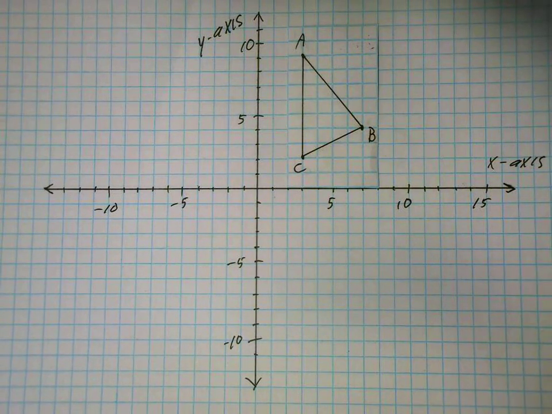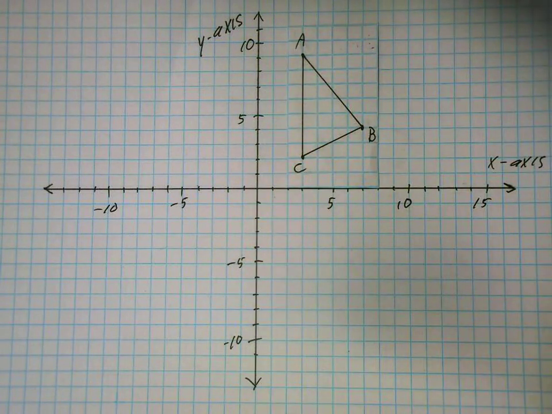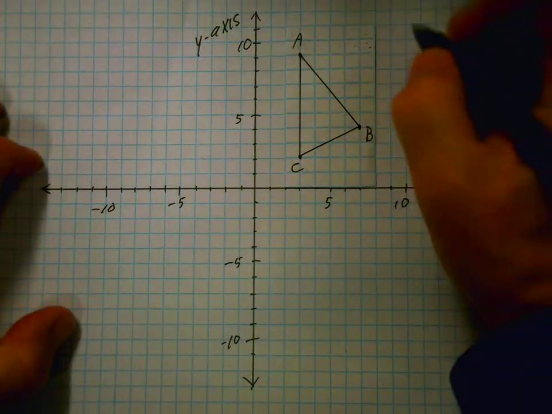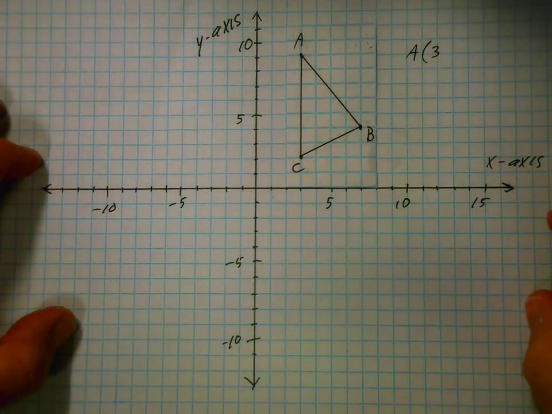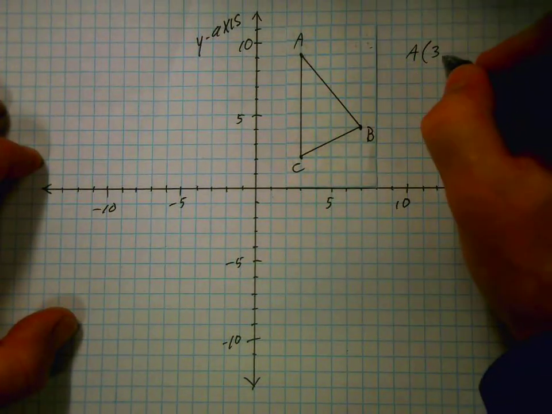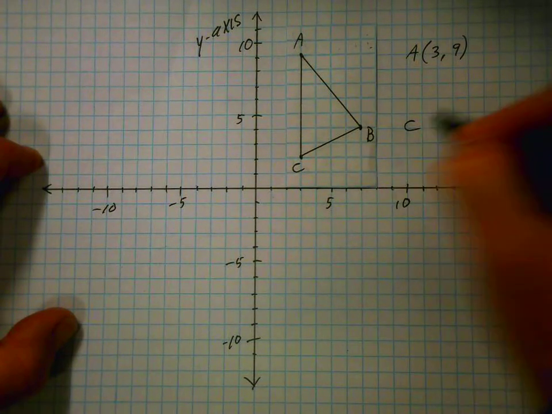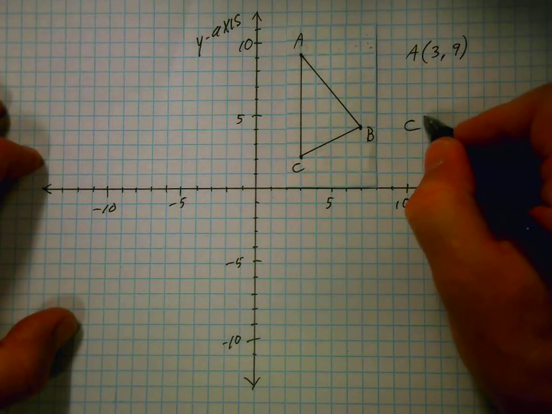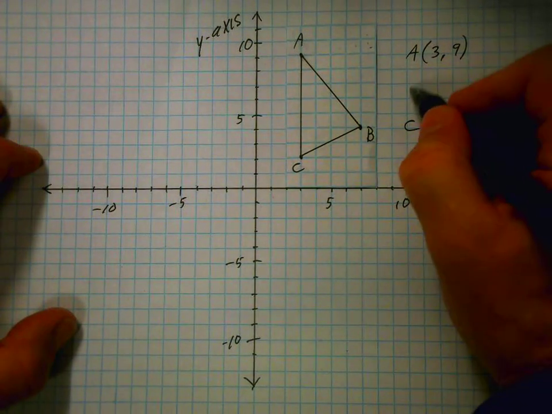So the x value for the ordered pair A is going to be 3, and what's the y value for A? 9. Very good. A is at 3, 9. And what is C? 3, 2. Very good. And how about B?